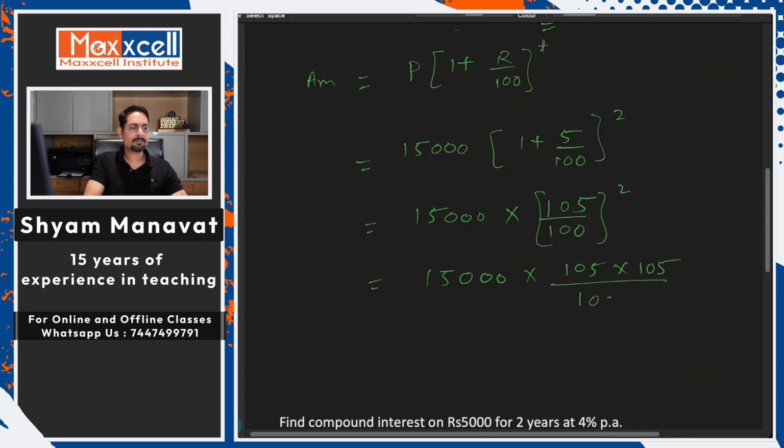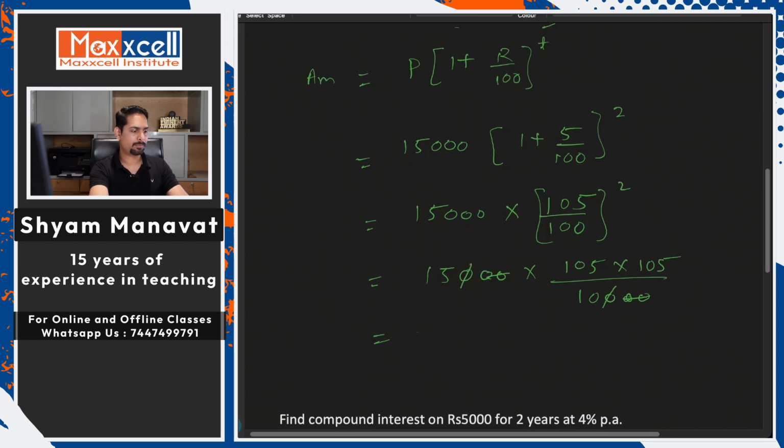Just simplify this. 15 into 105 into 105 by 100 is 16,000 something.